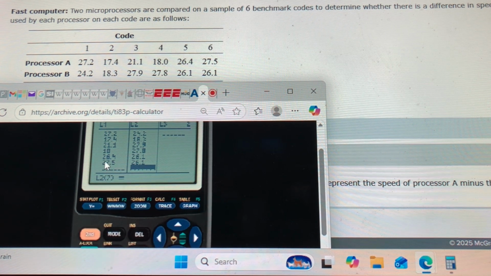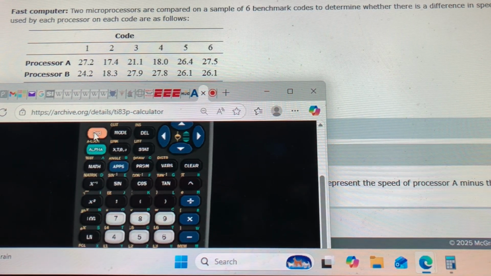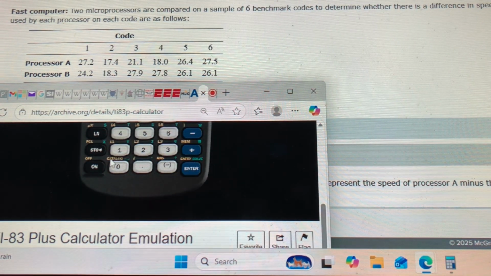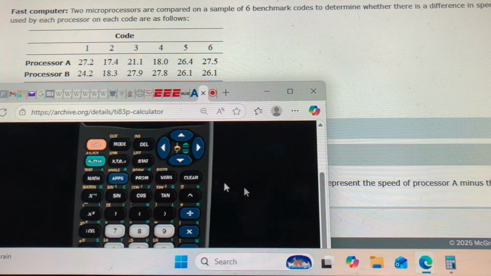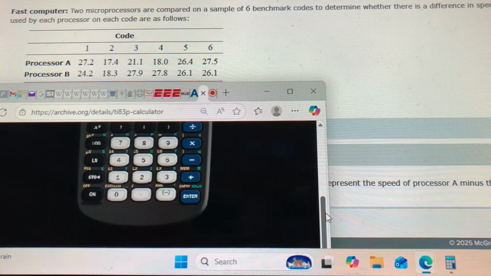When we have before and afters, you go to L3 and move the up arrow to the top so L3 is highlighted. Then hit second and the number 1 to get L1, minus, second and the number 2.